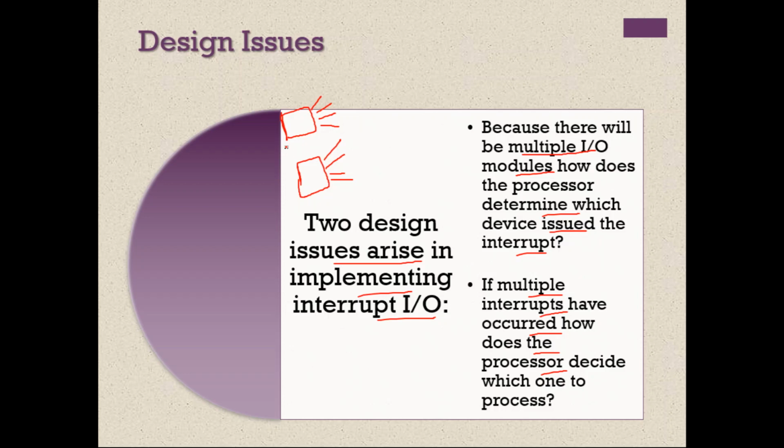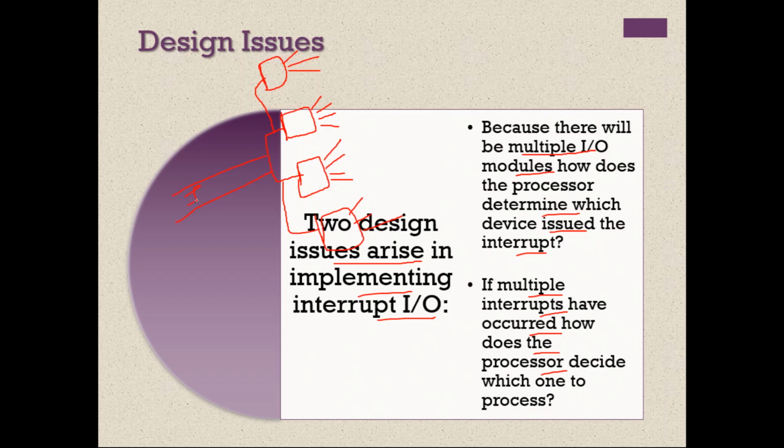First question: say there is one particular line for interrupt. You may have many IO modules, but all the IO modules are connected to one line. Whenever an IO operation is completed, they will just enable this particular line, IO completed.